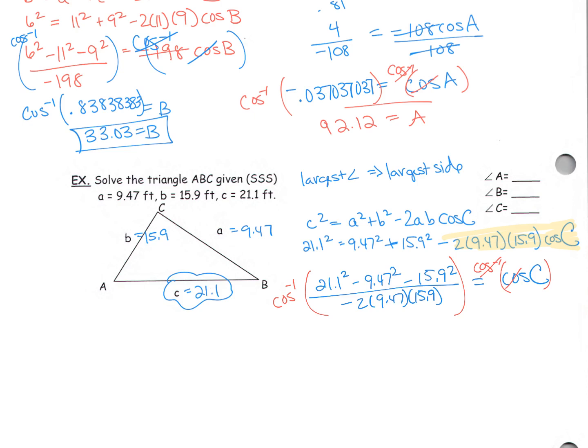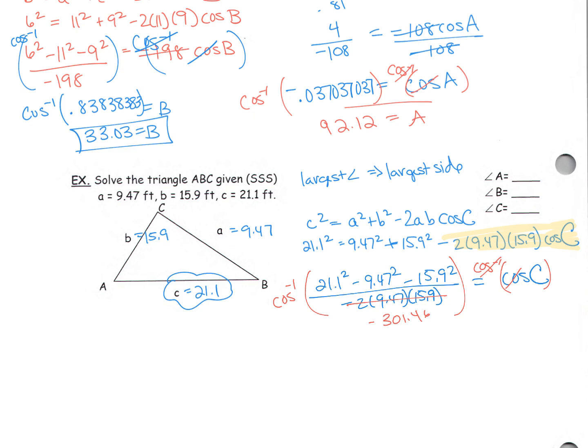I am using a classroom calculator, so I am going to do the denominator real quick. 9.47 times 15.9 times 2, and that is a negative 301.46 down here. So getting ready, I'm going to do 21.1 squared minus 9.47 squared minus 15.9 squared.